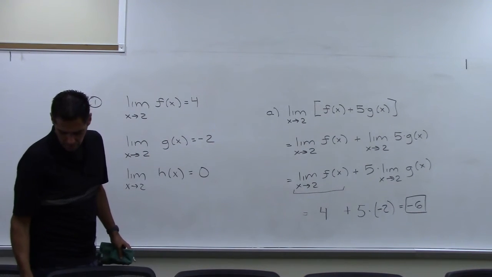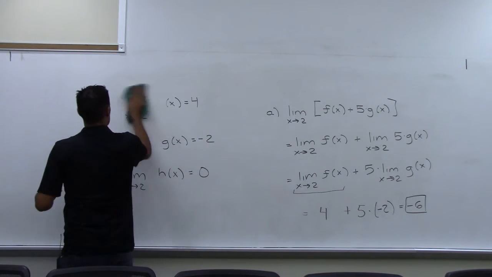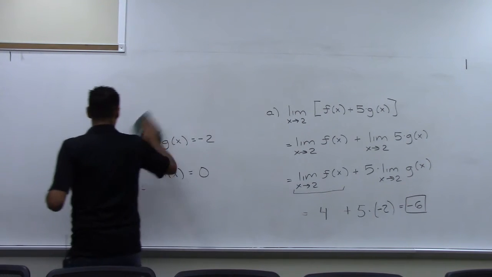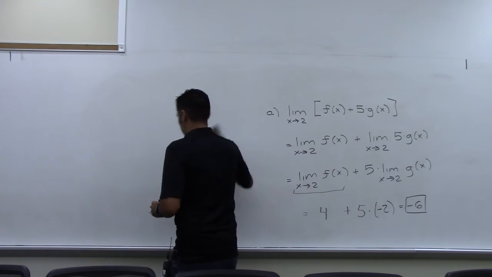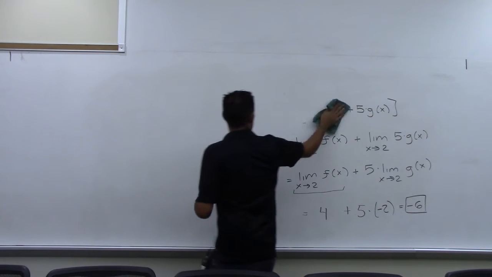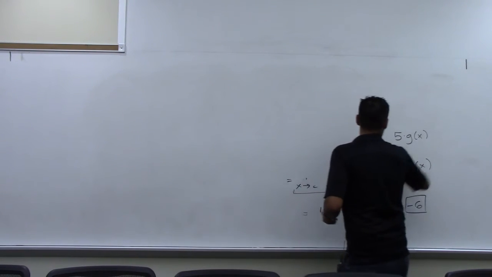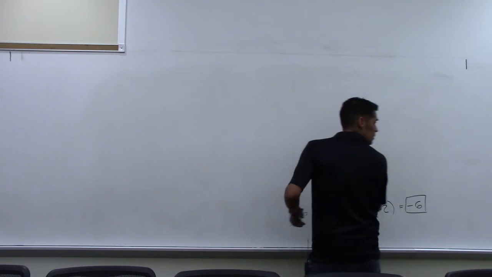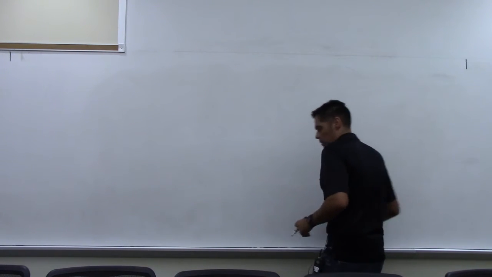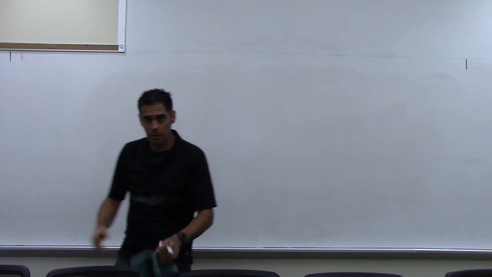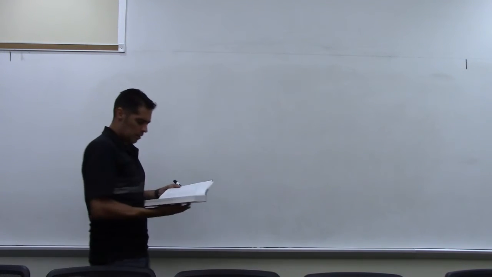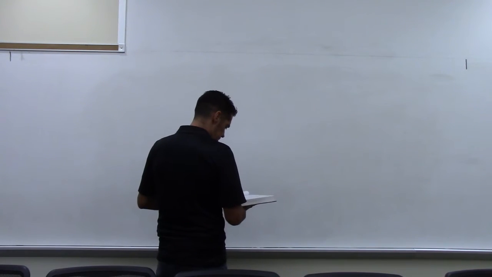Okay, so number 2. They give you a graph. So it looks like I might have to draw this. Okay. The graph of f and g are given.